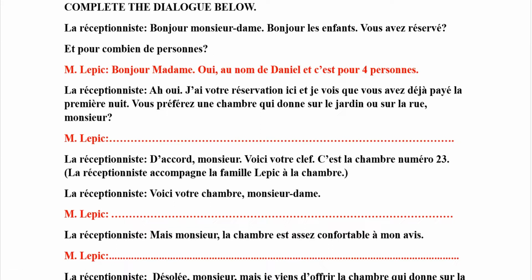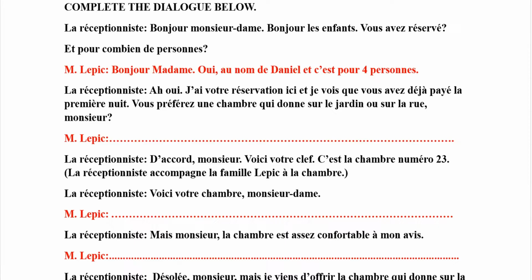So we read the top again where it says, bonjour monsieur, dame, bonjour les enfants, vous avez réservé et pour combien de personnes? Hello, sir and ma'am. Hello, children. Do you have a reservation and for how many persons? Hello, ma'am. Yes, under the name Daniel, and it's for 4 persons. Oh, yes.